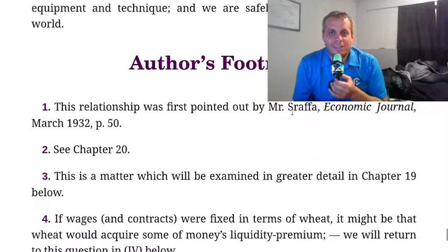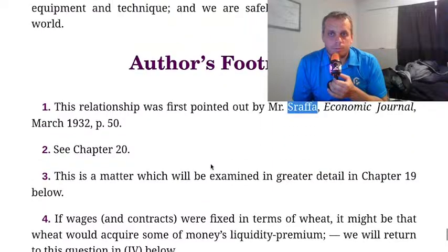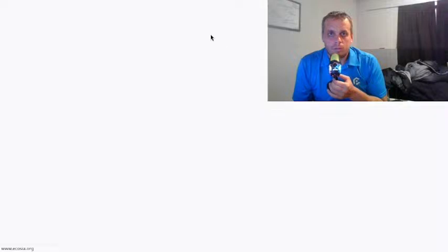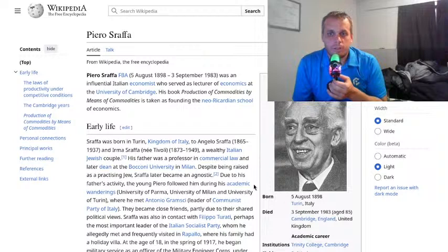So, he even quotes Safra. I don't know how to pronounce that, but this is an early post-Keynesian, right? Early post-Keynesian here. Born 1898. So he was a contemporary of Keynes. Wow, he lived until 1983. Very interesting.